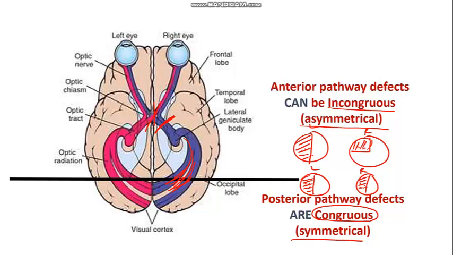Posterior pathway lesions, like optic radiations and the occipital lobe, are always symmetrical, whereas anterior pathway lesions like the optic chiasma and optic tract can be incongruous. The anterior pathway can be symmetrical also. I'll give you an example tomorrow.